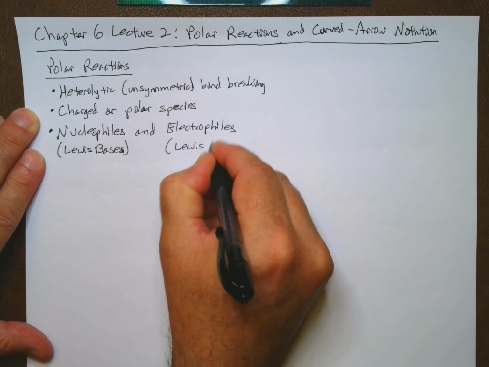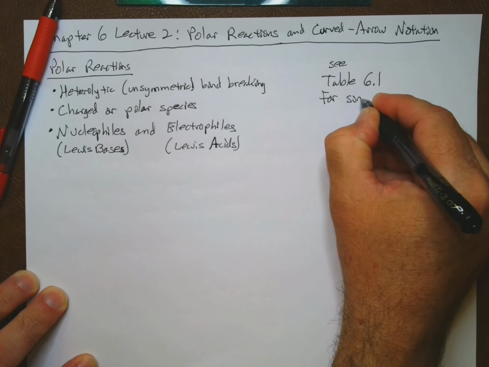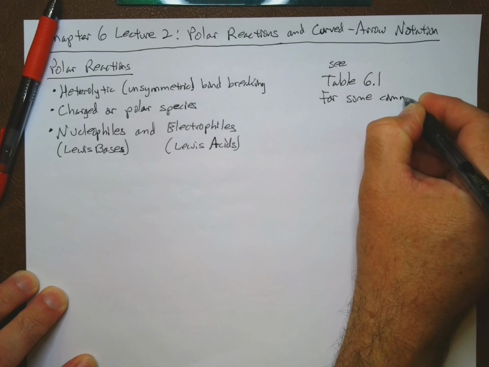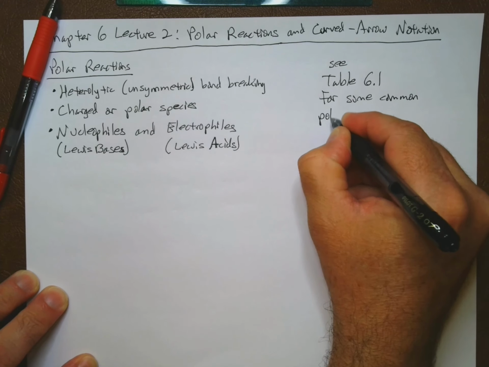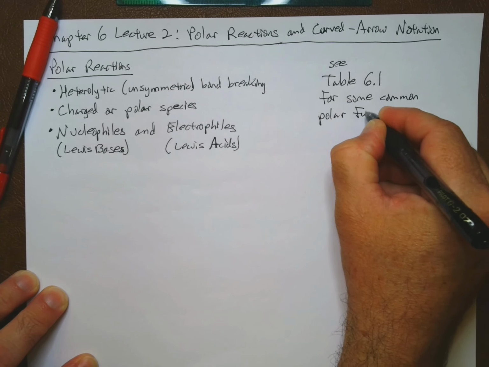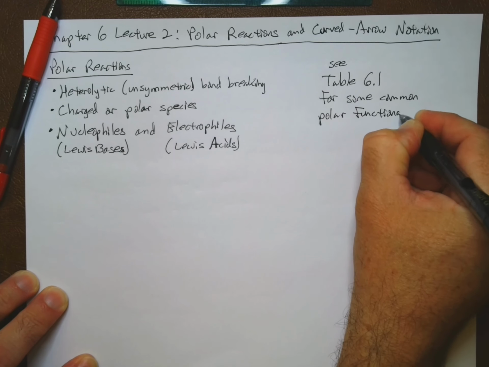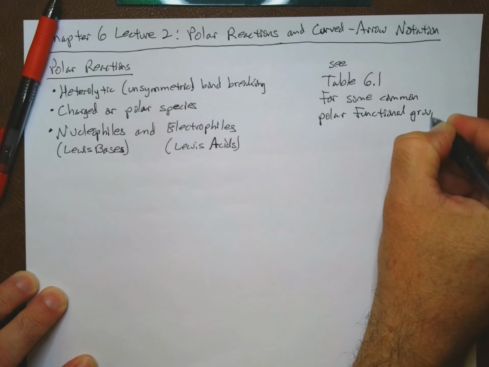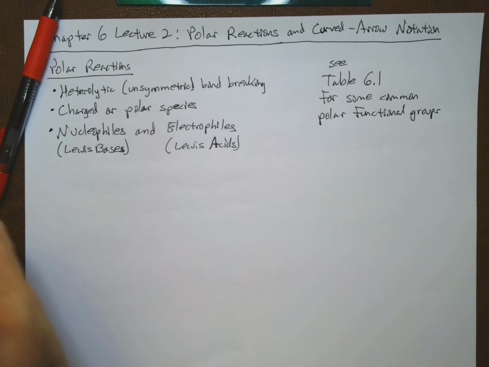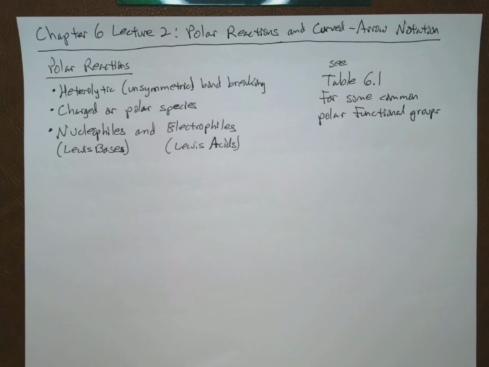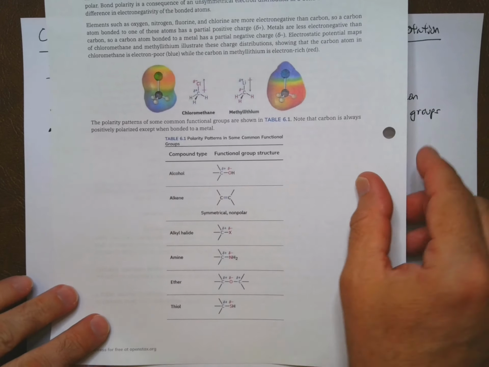See table 6.1 for some common polar functional groups. And I'll go over these. I'm not going to draw them out because I happen to have table 6.1 right here.